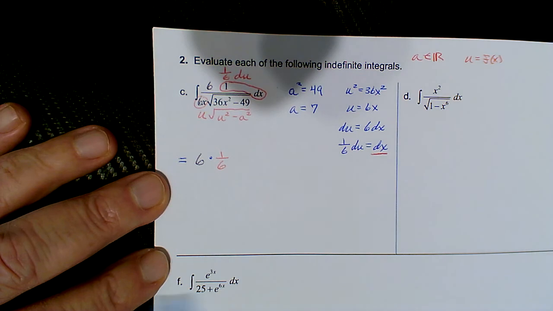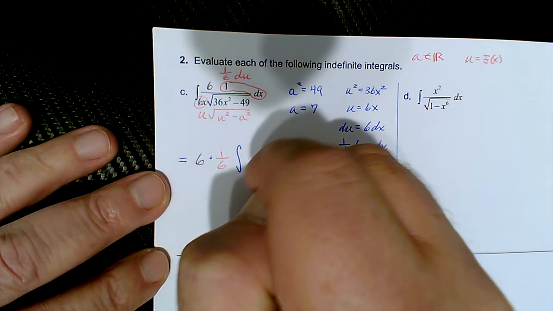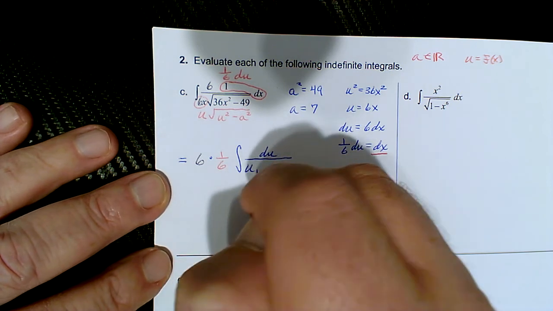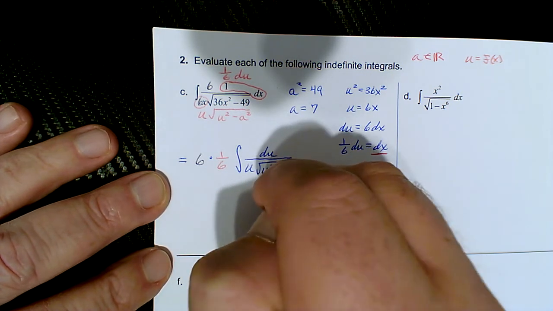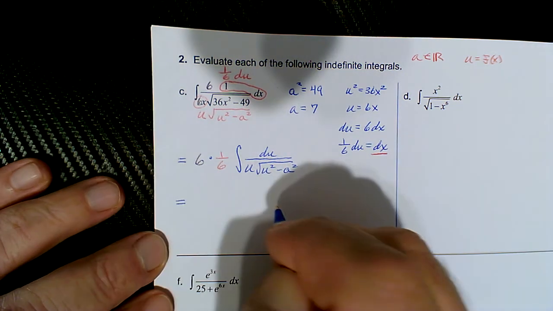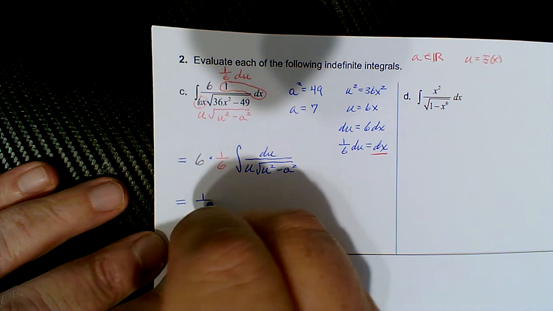And now the remaining change of variables gives us the integral of du over u times the square root of u squared minus a squared. So if you look at the formula, well, these 6's cancel.